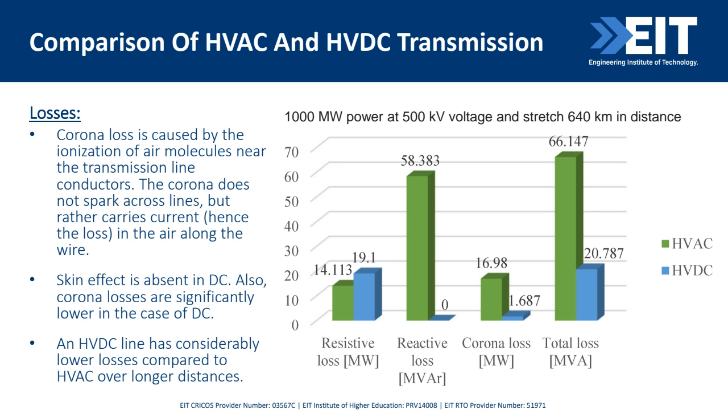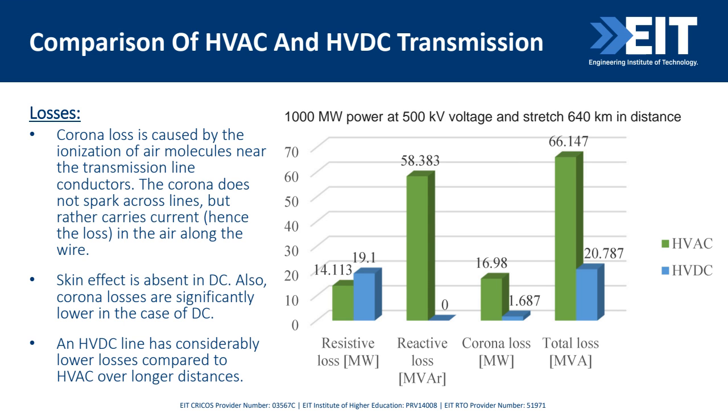If the conductor size is limited, then it can result in these losses. So these skin losses are also higher in AC power, and the reactive losses are almost zero in DC power.